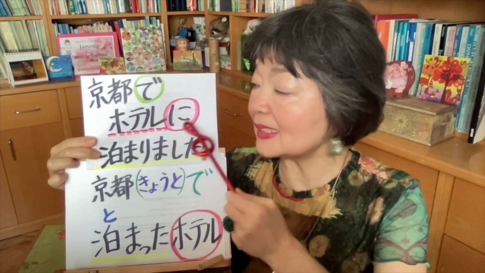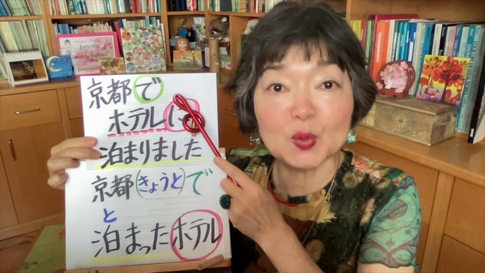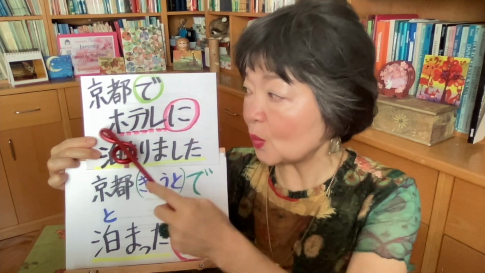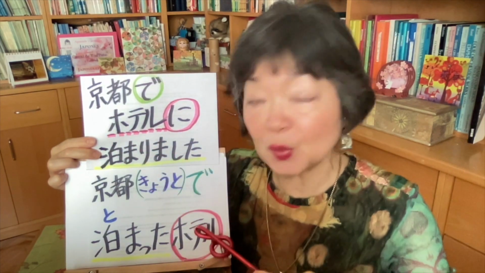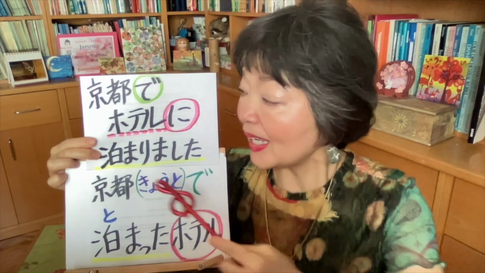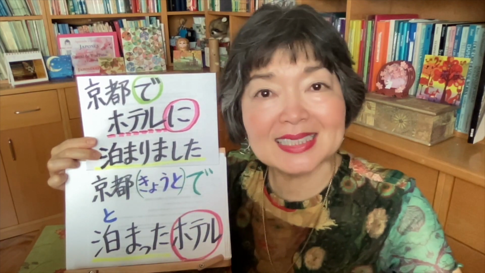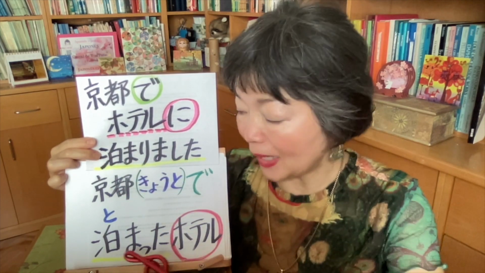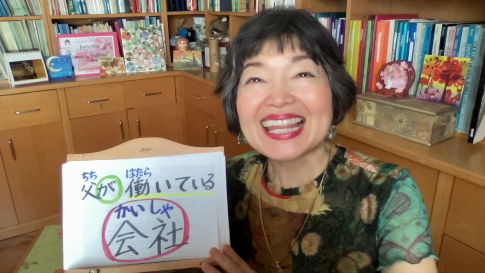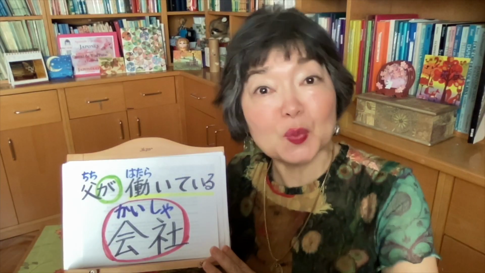So in this case, this に disappears. We're not going to use this with this noun in the relative clause. And 泊まりました we must change to the 普通形, 泊まった. 京都で泊まったホテル. The company where my father is working.